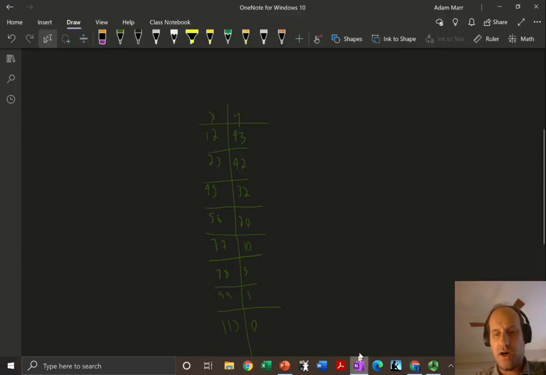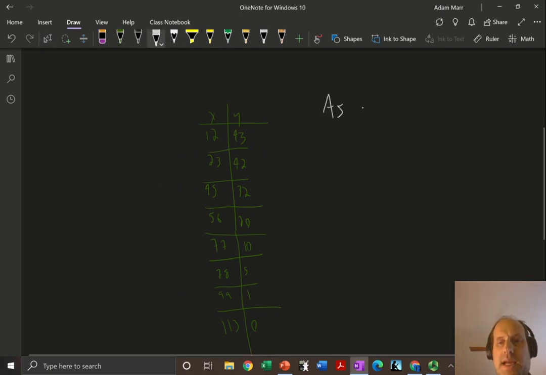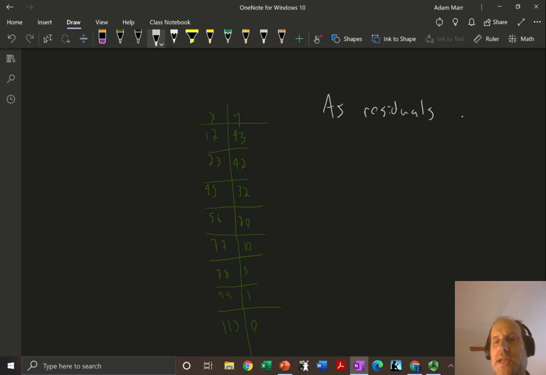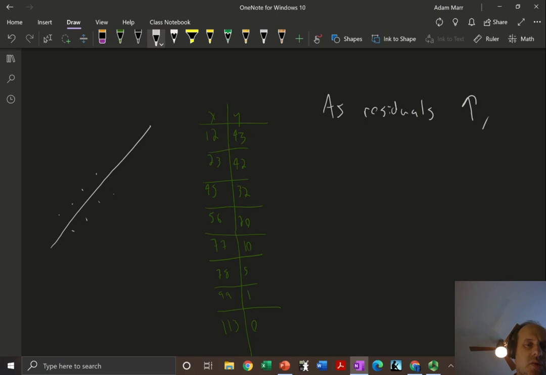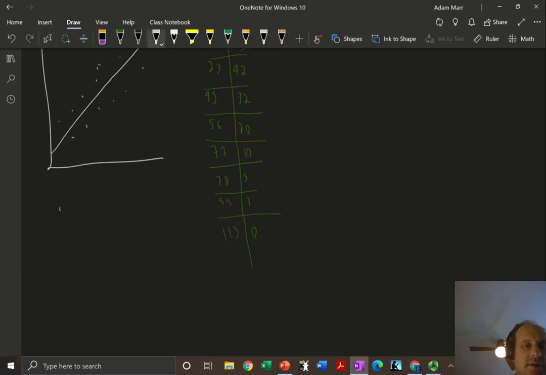So just to sum all this up right here. As the residuals increase, what happens? If you increase a residual, remember, let's say we have one line that doesn't really have very many residuals at all, and then we have another line where we add a couple residuals.